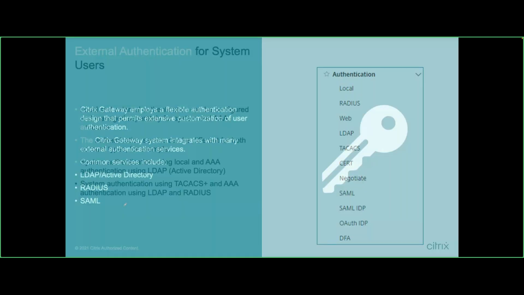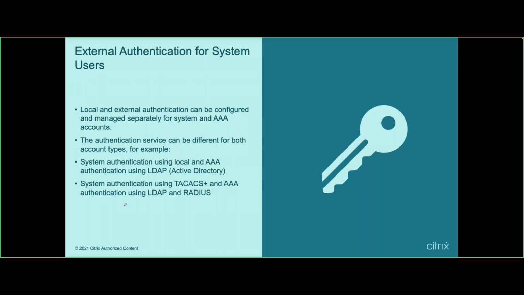And you have the local and external authentication that you can configure for your systems, AAA accounts. Here they also support older versions like NT4. Even though it's very dated, very old, it can still give you the support. You will have the authentication service for both your account types.